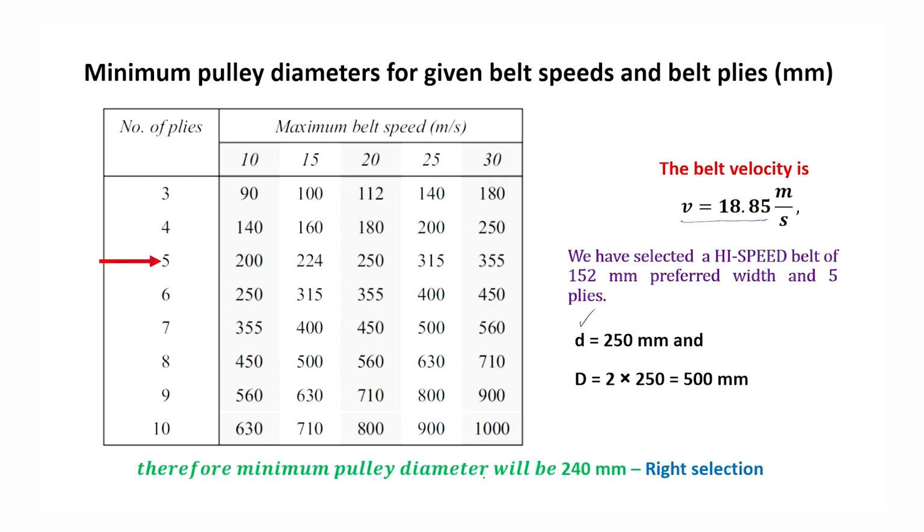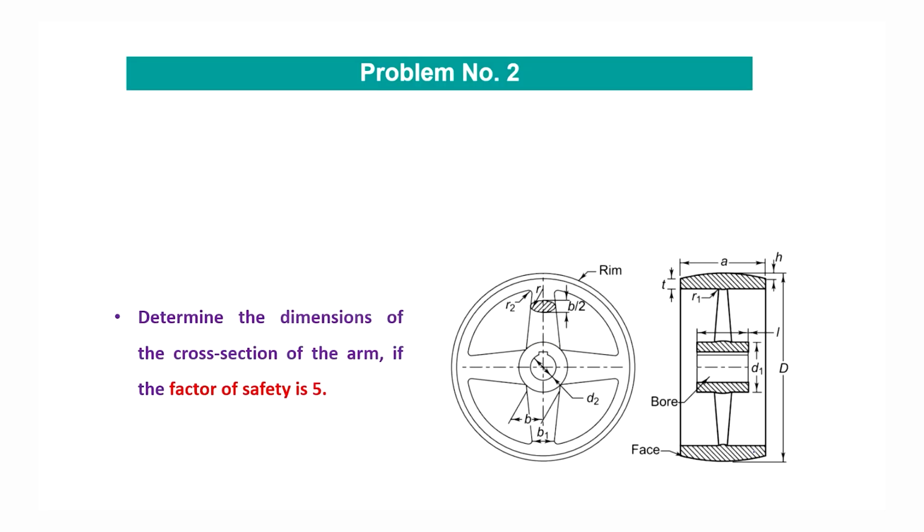Therefore, the minimum pulley diameter will be 240, and so our minimum pulley diameter will be in between this and this, and by interpolation you can obtain it, and it will be between 224 and 250. In our case the pulley diameter is 250 mm, which is more than the minimum allowed diameter of 240 mm. Therefore, it was a right selection.